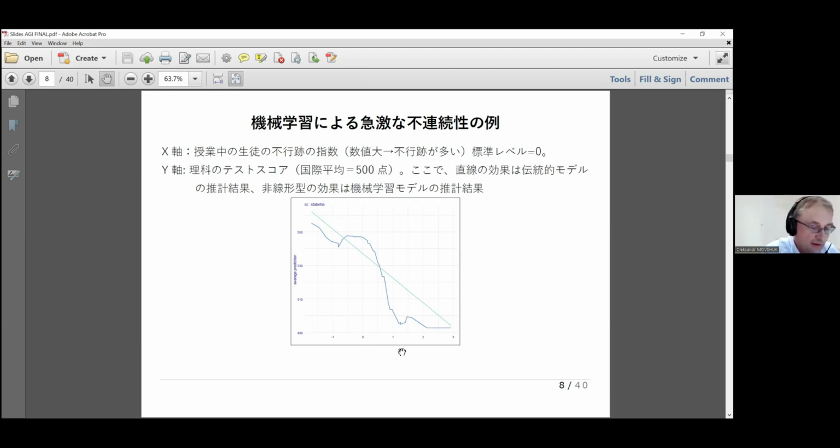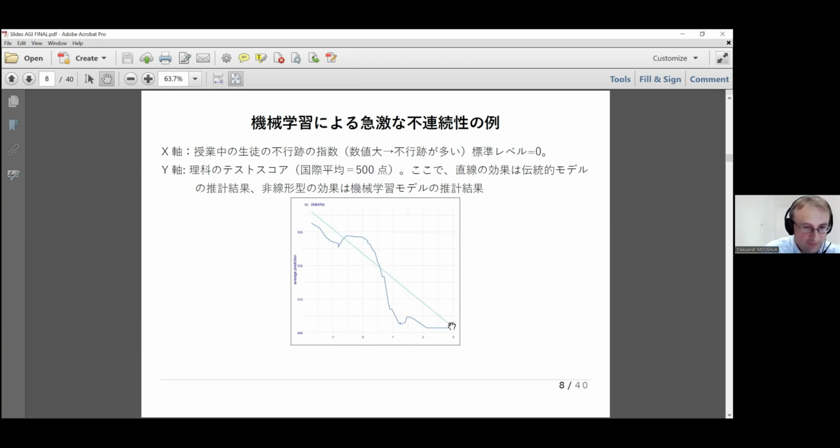So you can see that the lack of discipline reduces the academic performance results of tests, but the effect is highly nonlinear. For example, once we move from the standard class atmosphere discipline of 0, there is a rapid drop between 0 and 1.